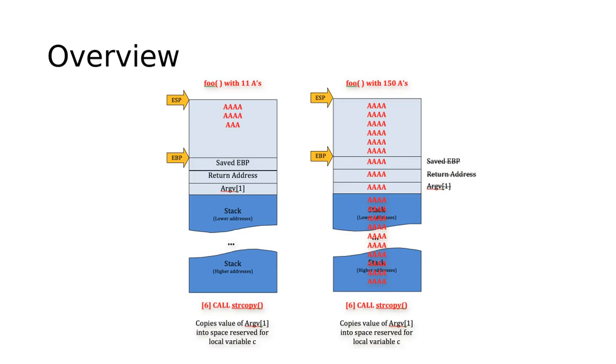So if malicious code is in your next instruction pointer, it will be executed, and they attack your system with buffer overflow.